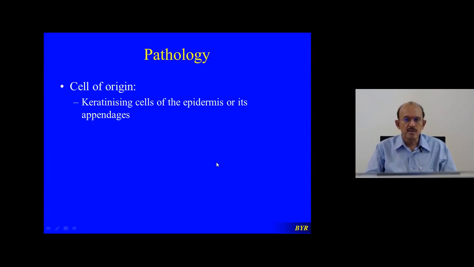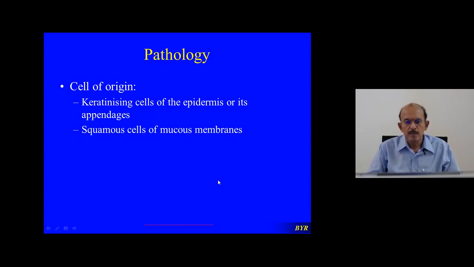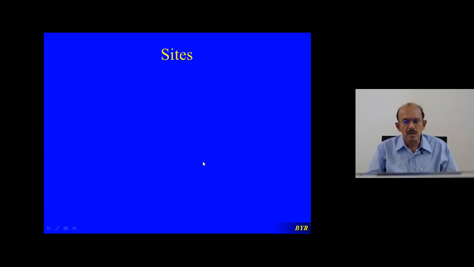Cell of origin: keratinizing cells of the epidermis or its appendages, and squamous cells of the mucous membranes. So all these squamous cells of the mucous membranes can undergo malignant transformation and present as epithelioma.